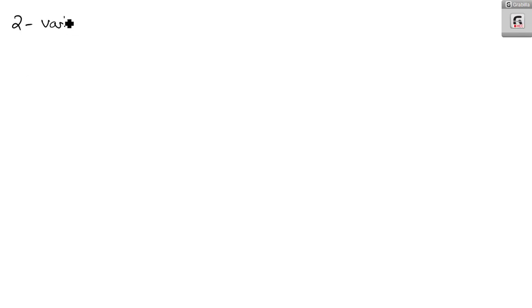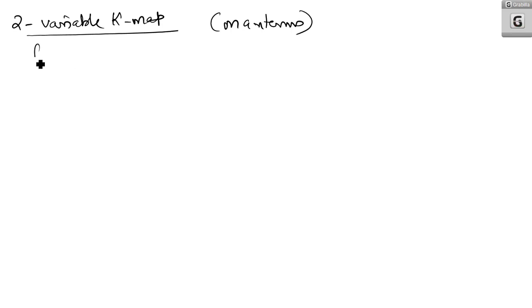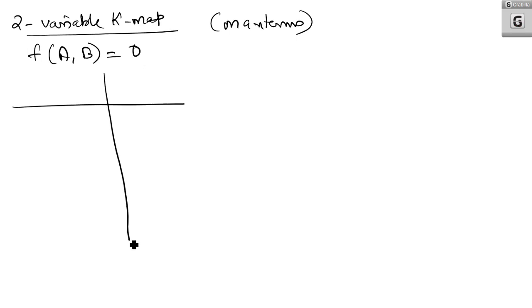Two variable K-map using max terms. So here I am taking f of a comma b. All values are set to 0. So I am having inputs and outputs.